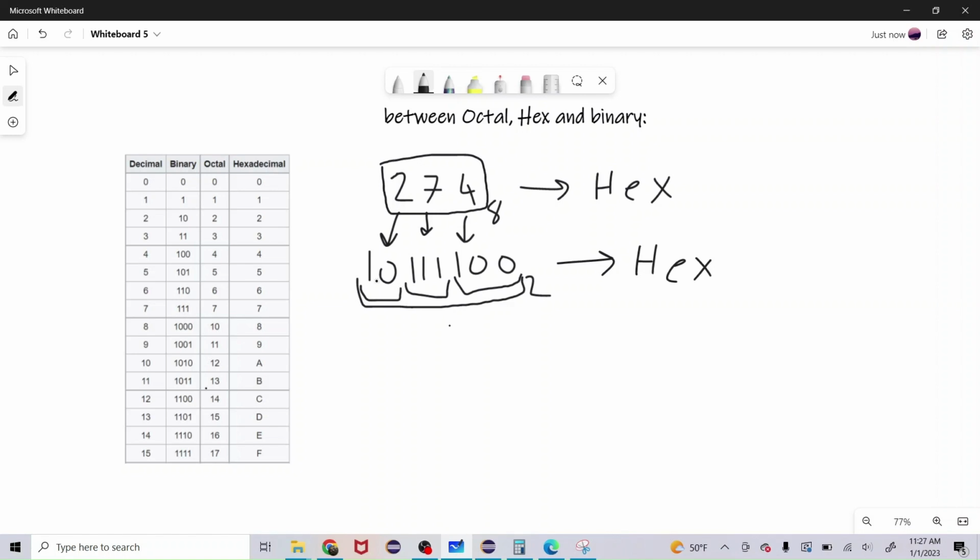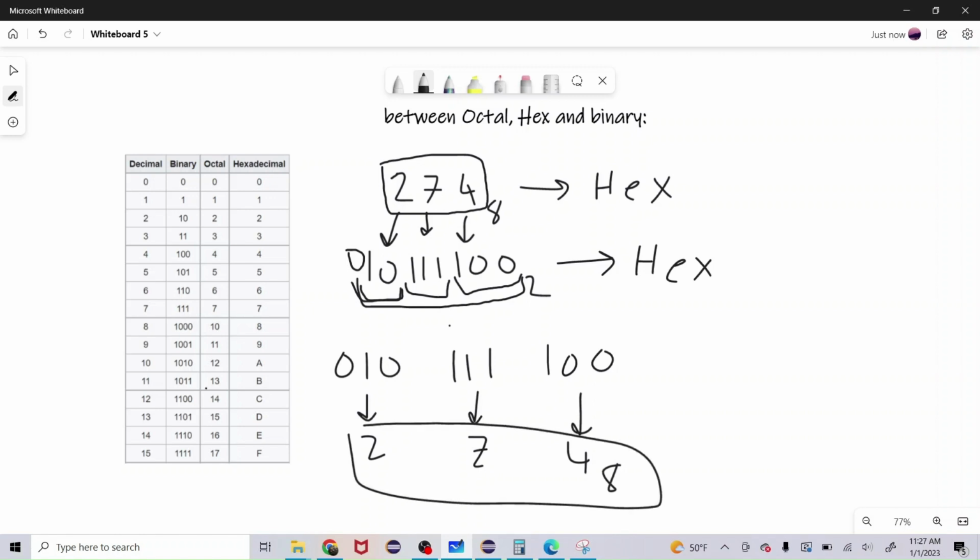So we can keep it that way, or we can just add a 0 at the end for convenience. So that would be a bit of 3. And then we would write those 3 bits down, 1 0 0 1 0, 1 1 1, and 1 0 0. And then we would just refer to our chart again, and we can pretty quickly see this would just become 274 in octal.